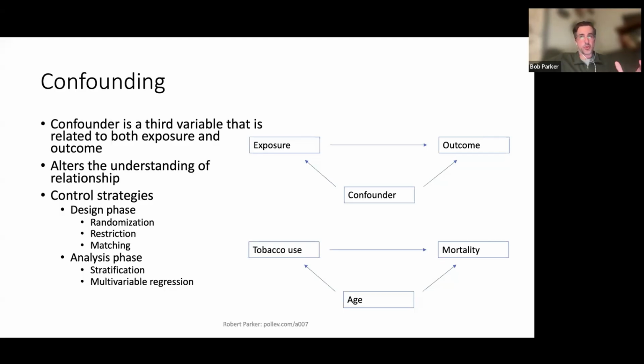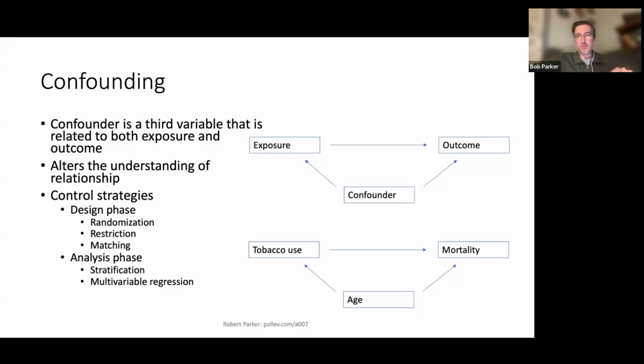Well, tobacco users were young, right? And those who were not young had already died from tobacco use. So when you look at age as a confounding factor, because age was associated with tobacco use, younger people were more likely to use tobacco, and older people were more likely to die.